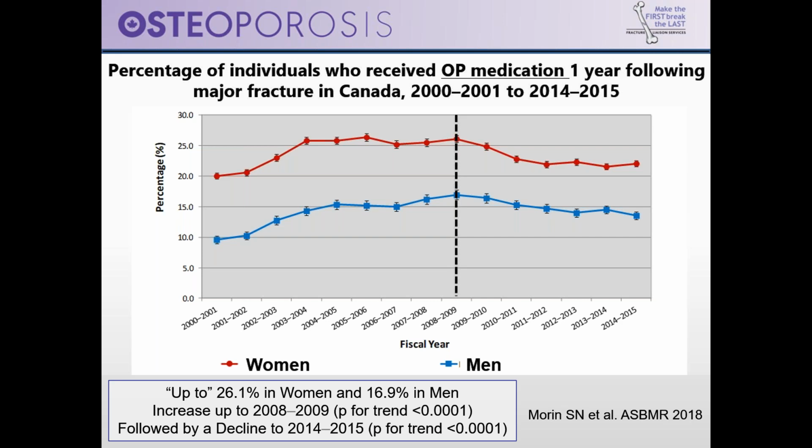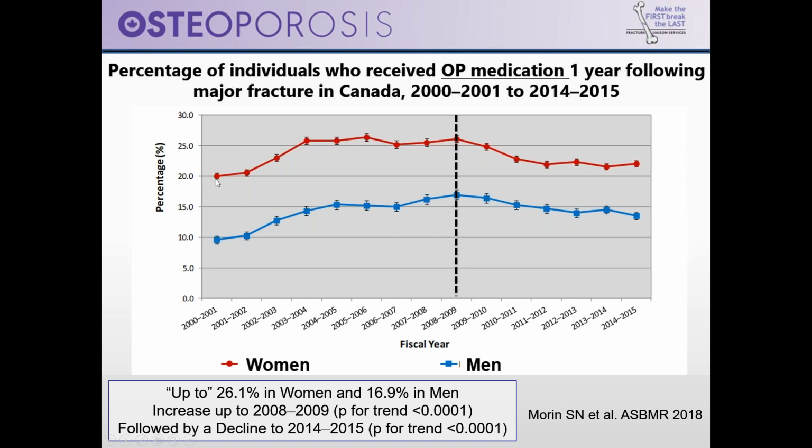Now this is recently released by the Public Health Agency in Canada, and I'll walk you through this graph. It's a time trend graph, and you can see that it starts in 2000 and goes all the way to 2015. In red are the women, in blue are the men, and we're going to follow the women first.